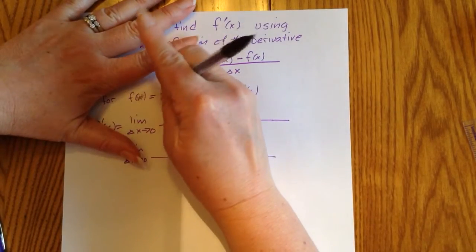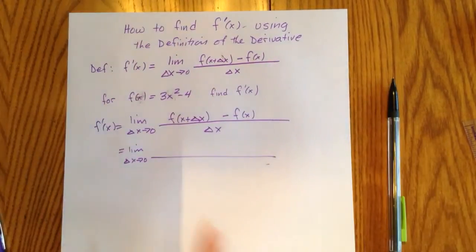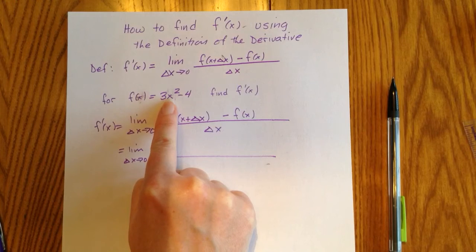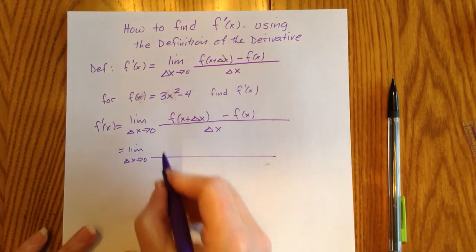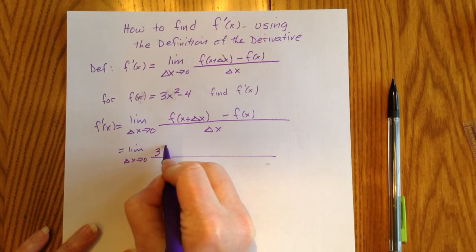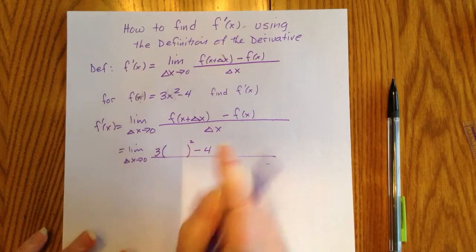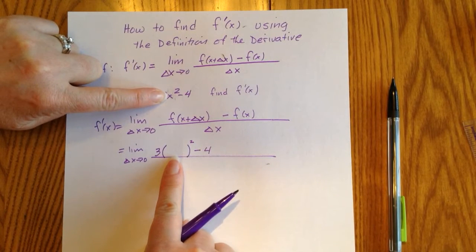Here's what I'm going to suggest. I'm going to write our function down, but I'm going to take the x out and use parentheses to create a space. 3x squared minus 4. Can you see that that is our function? The x has been removed.